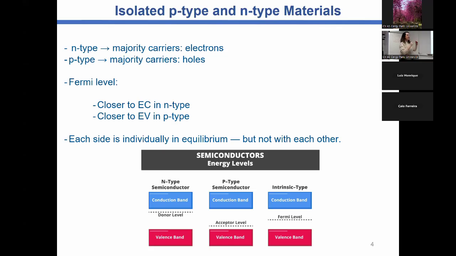So we have the same semiconductor with two different dopings. It's different if you have two different semiconductors, because sometimes we have that in our research, but for now we are just analyzing the same semiconductor with different dopings.